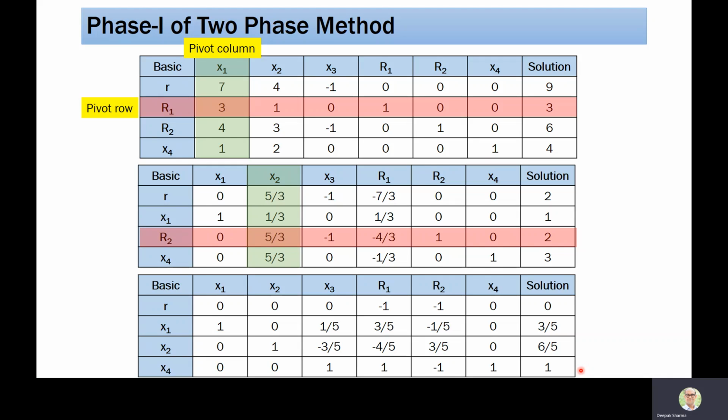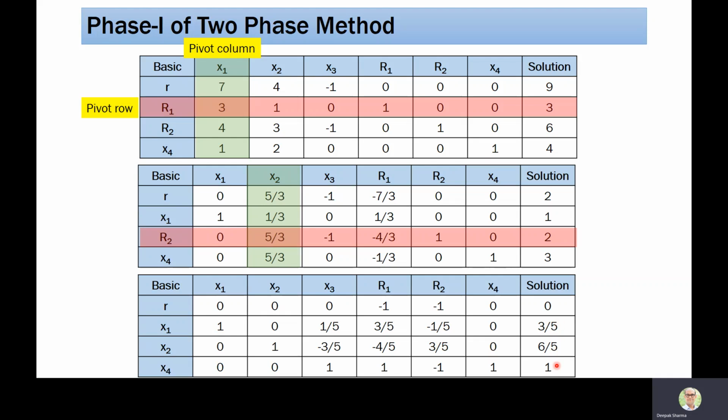Now here, what you will see is that it is a minimization problem and there is no positive coefficient for a non-basic variable, meaning there is no entering variable, so we should stop. And we stop here, and this is the optimal solution for phase 1. Look at the solution. Now X1, X2 and X4 are basic variables and the corresponding values are given.